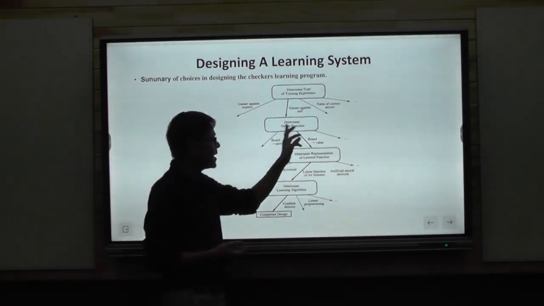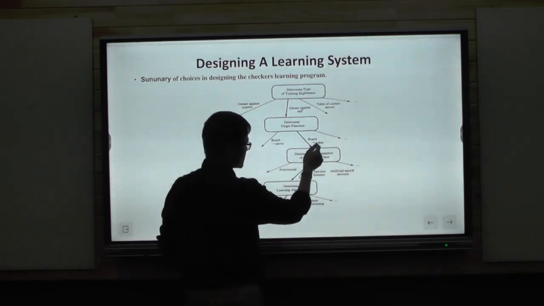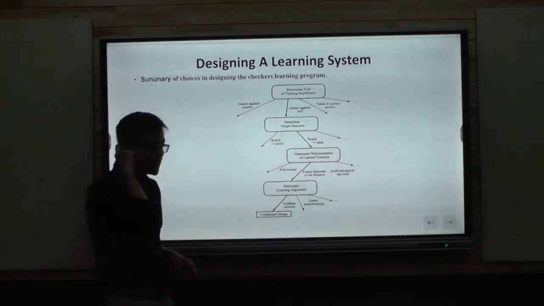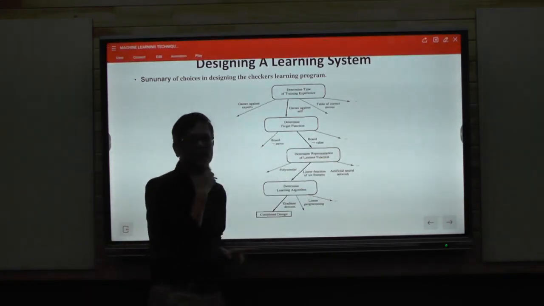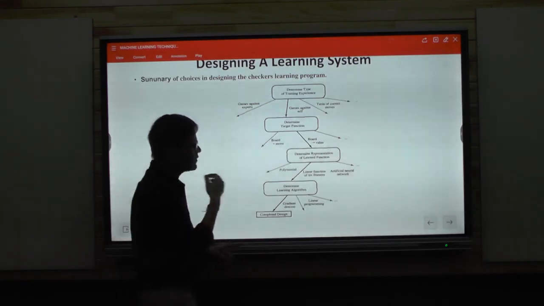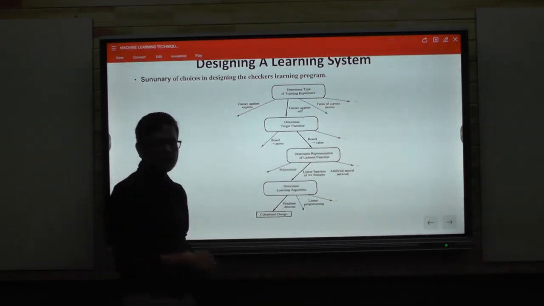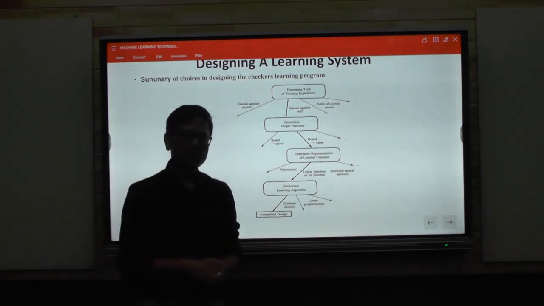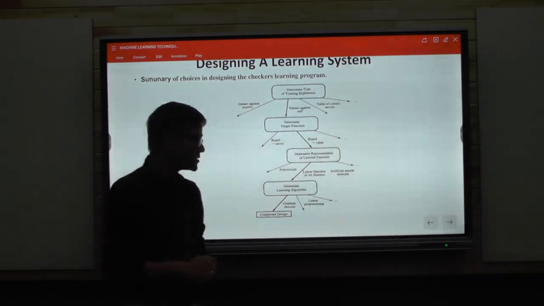After this, we determine the target function. We have chosen the board values. We can also choose the board moves, but in this example, we have chosen the board values. Then we determine the representation of the learned function, and as we know from the previous slide, we have chosen a linear function of 6 features with some weights.